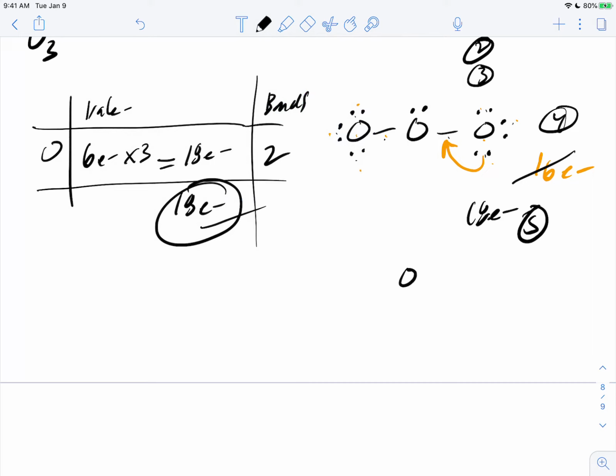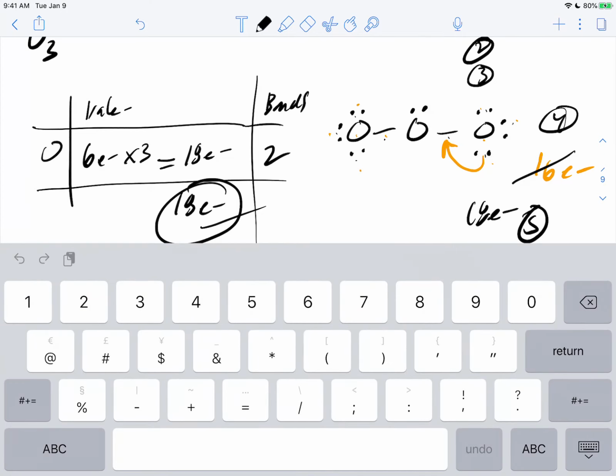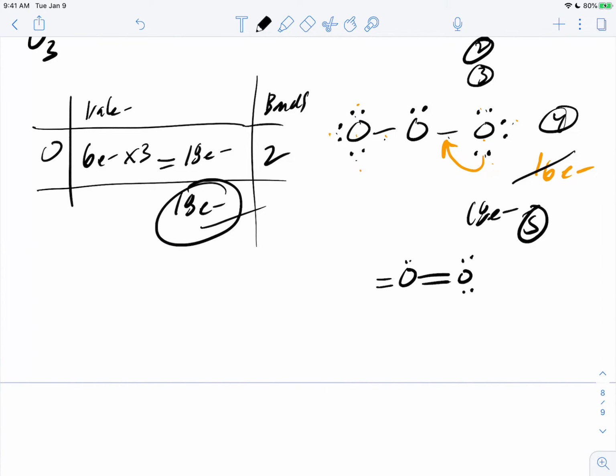So if I do this, I get oxygen, lone pair, double bond, and because I used one set of lone pair, I only have 2 left, and on this side, I have a single bond.